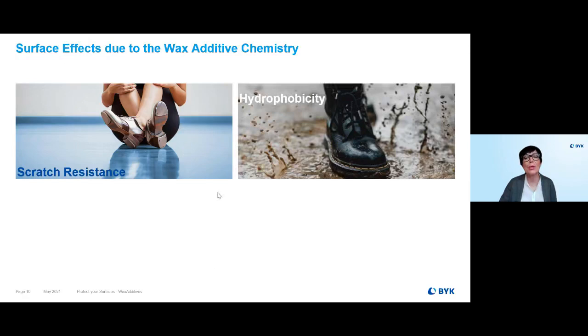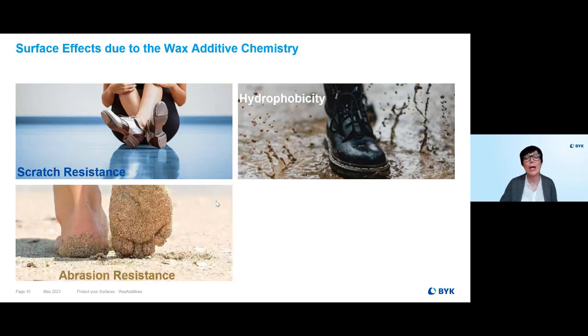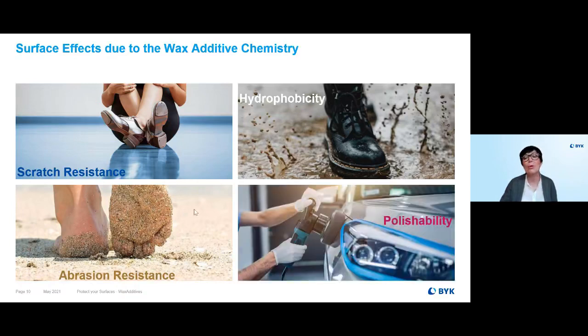Talking about hydrophobicity, non-polar waxes are pretty important to choose. For abrasion resistance, you have to look at the waxes which give you mechanical properties or polishability. The surface slip will be related to the wax base as well.